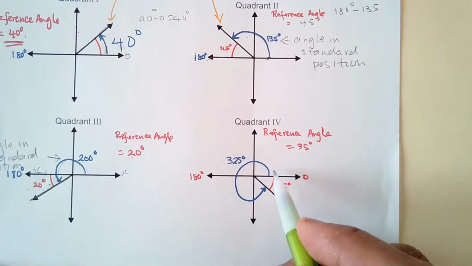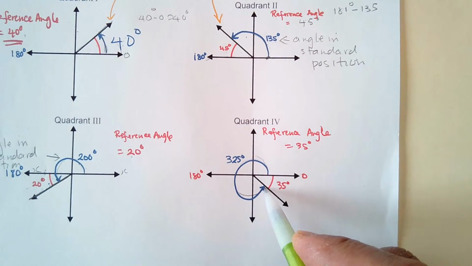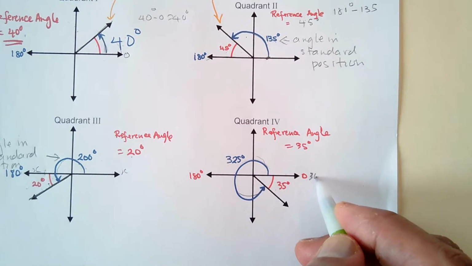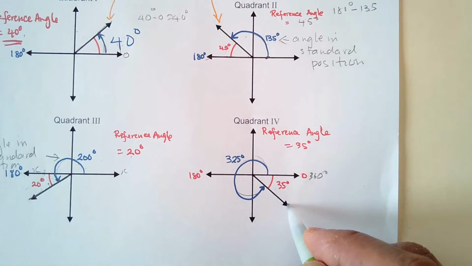And the last one here we have 325. The difference now between, this is 360 degrees, and 325 is 35.